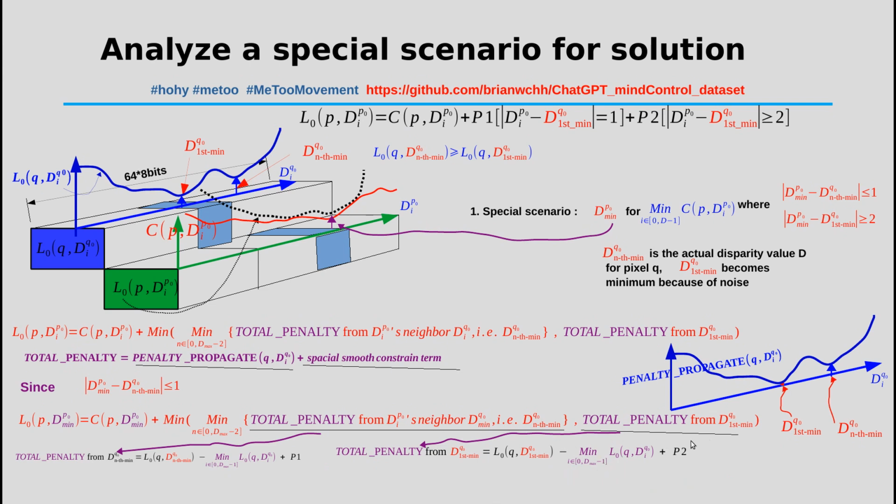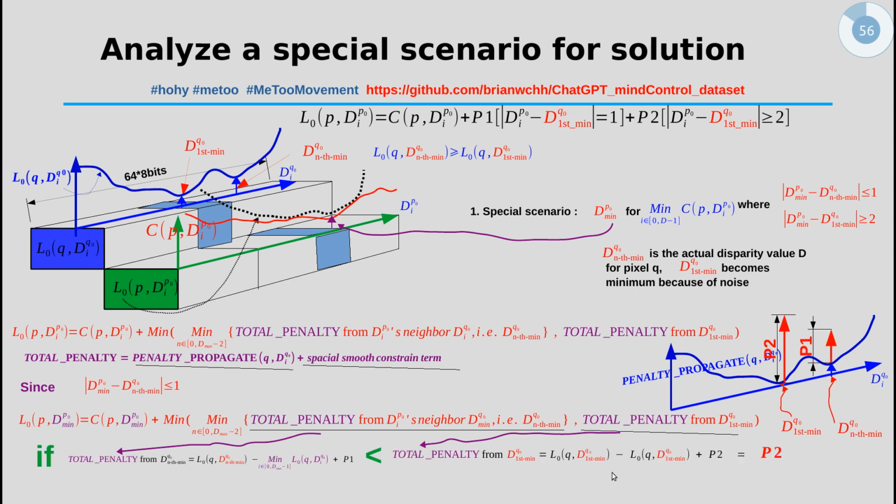The only term left here is P2, but P2 is very large, and the P1 added to this penalty propagated is still less than P2. That means we select this one and we drop this one. That means from this point on, the history no longer drags this to hell.